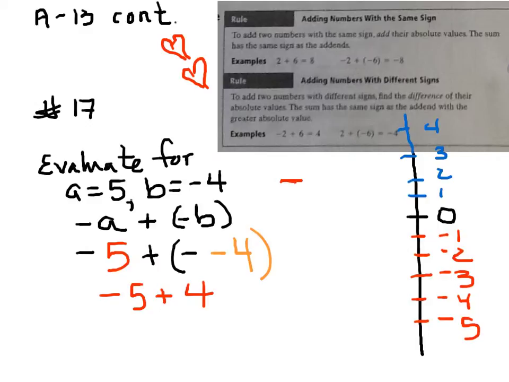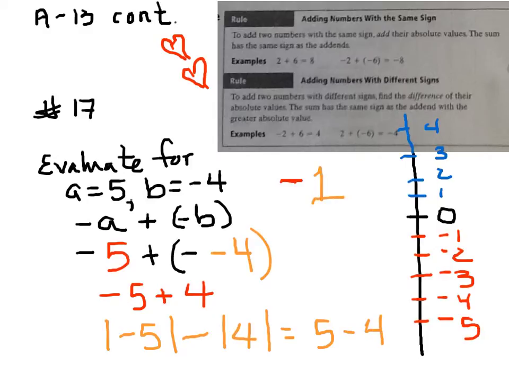So that's going to give me the absolute value of negative 5 minus the absolute value of 4. Well, the absolute value of negative 5 is 5, and the absolute value of 4 is 4. So 5 minus 4 gives us 1, and we already decided that our answer was negative, because the bigger absolute value is in fact negative.